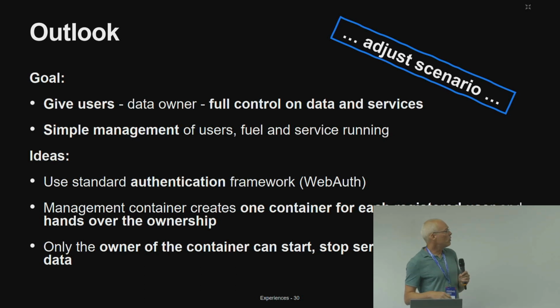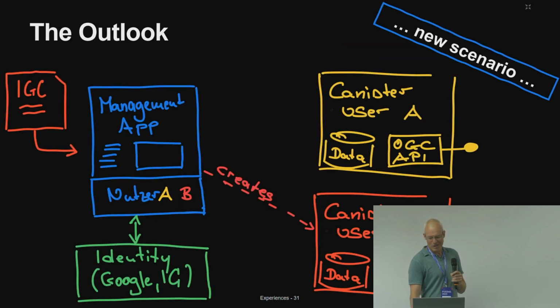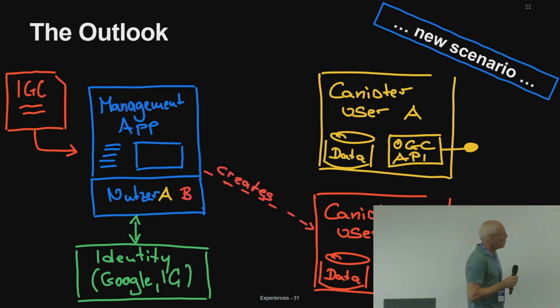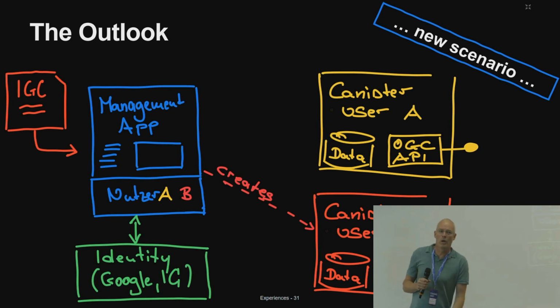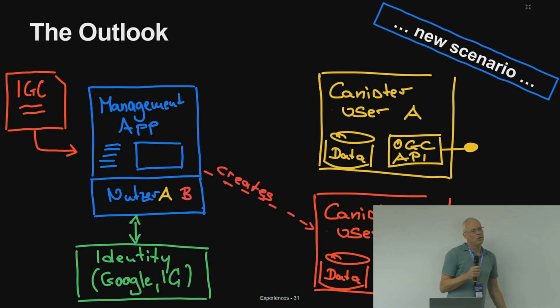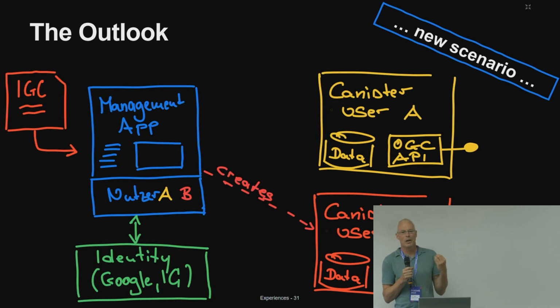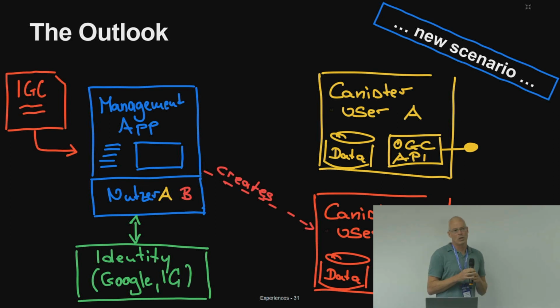So the owner of the data can start, stop or manipulate their service on their own. Here is another great picture of mine. The idea is that you have this management application using identities, and for each user you have an own canister running with an own interface. Each user can decide on their own how to run this. Even if the management application stops, it shall still exist.